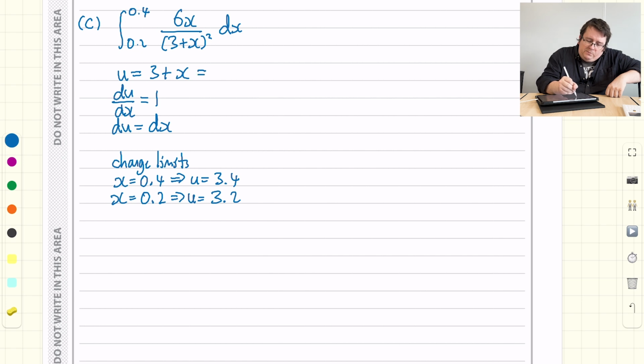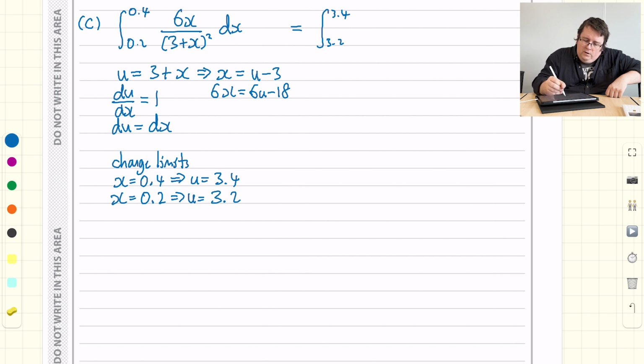So go back to the substitution, get x as u take away 3, and so 6x, multiplying both sides by 6, is 6u take away 18. So we have the integral between 3.2 and 3.4 of 6u take away 18 over u squared du.